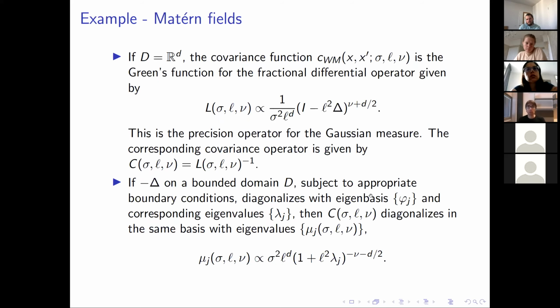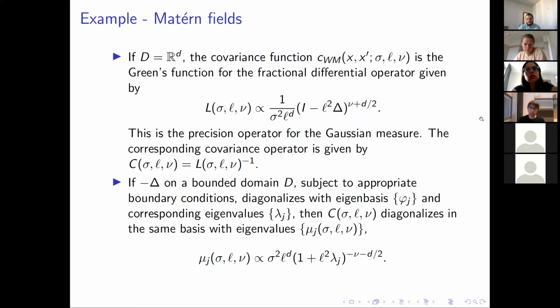So two points on how they could be defined. If your domain is the whole R^d, then you can give an equivalent definition via SPDEs. In that case, the covariance function is the Green's function of this fractional differential operator.